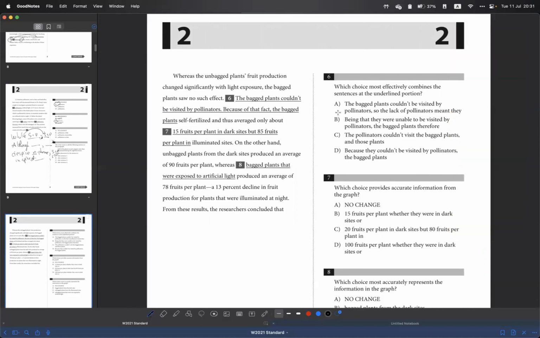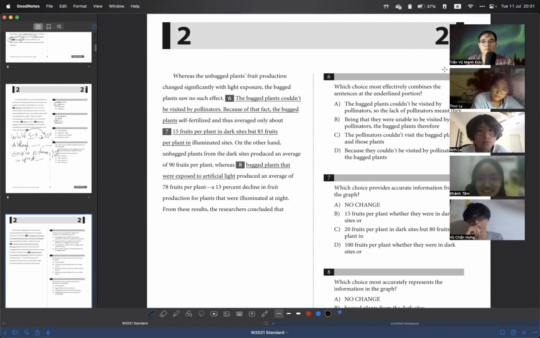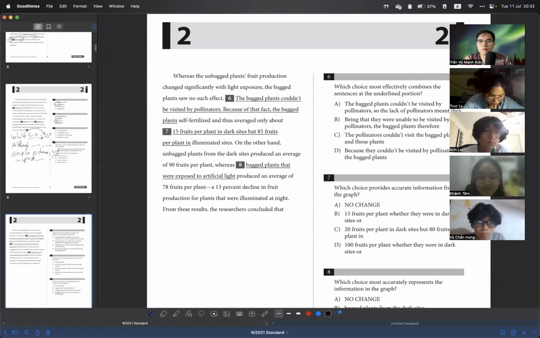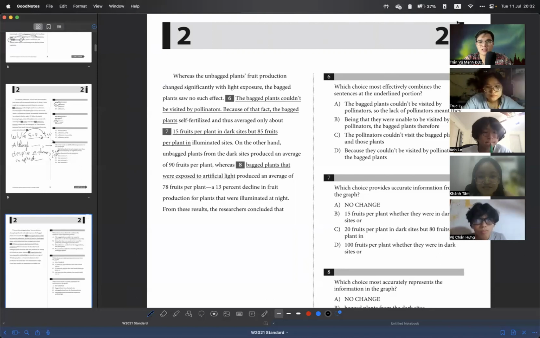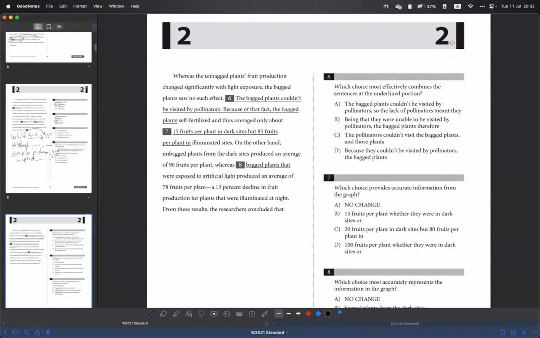I choose the method, the shorter the better, and I see that C and D are the shortest, and I read and choose D because it makes more sense. It sounded odd otherwise, it doesn't sound coherent. So D. Excellent. So she just mentioned one method, which is shorter is better.